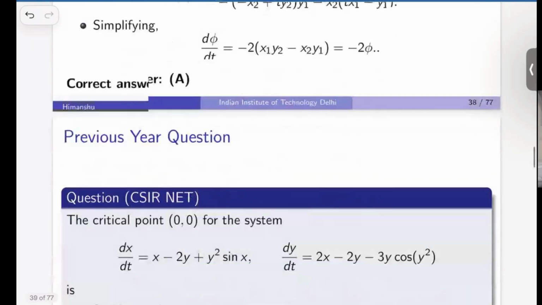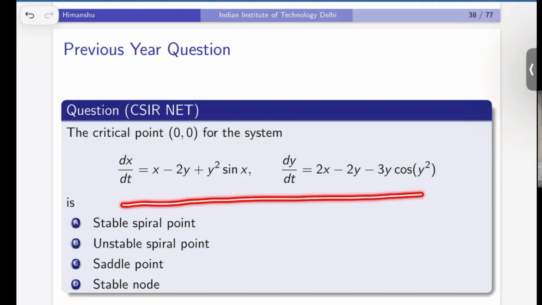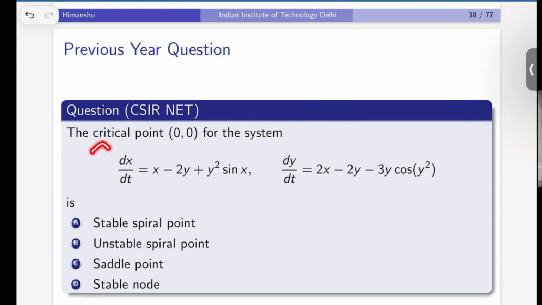Okay, then let's go to another question. Note that in this question, the right hand side is not linear. The question is about the behavior of our system where the critical point is 0, 0. So how will we do that?